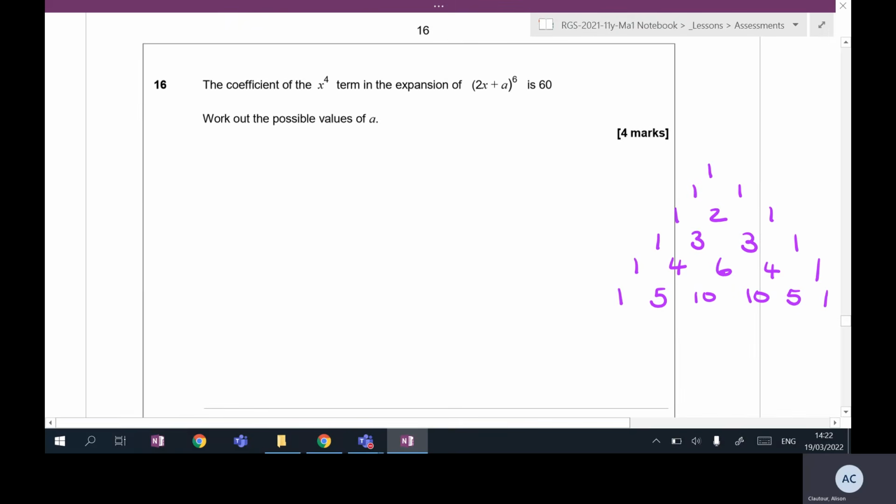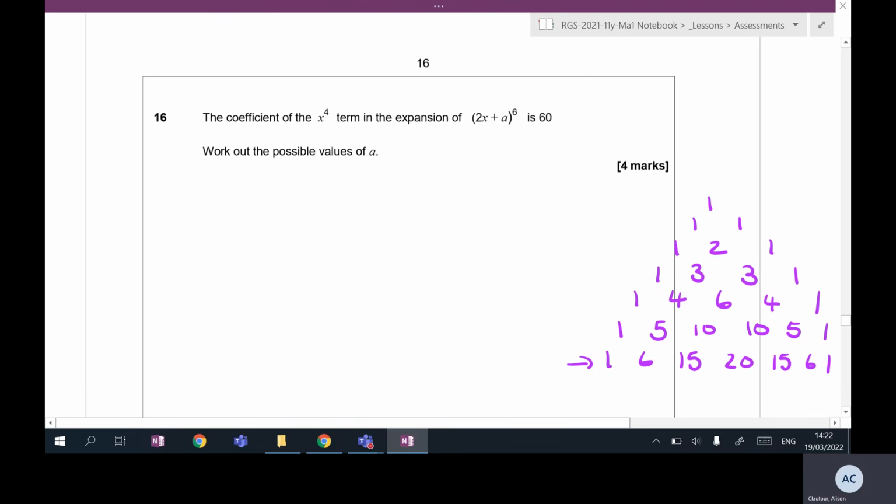Remember, you add the previous two terms, so 1 and 5 makes 6, 5 and 10 makes 15. Okay, so this is the row I'm interested in for a power of 6. I am only going up to x to the power 4 though, so I won't need all of them.